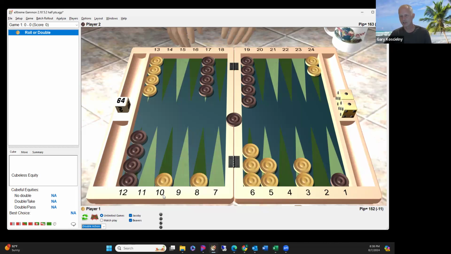This gives you a bigger advantage in blitz. It also gives you more threats, and it also gives you more race. And it also gives you better priming potentially, because now you have an extra spare to make the bar point or even the 4 point, which is going to improve your prime.